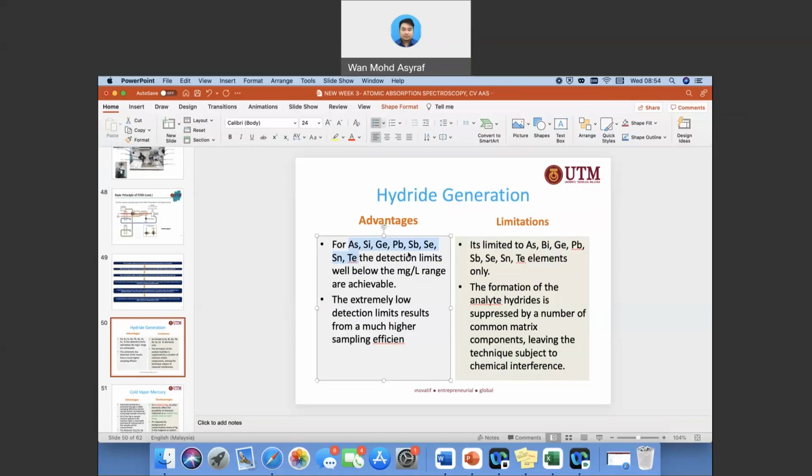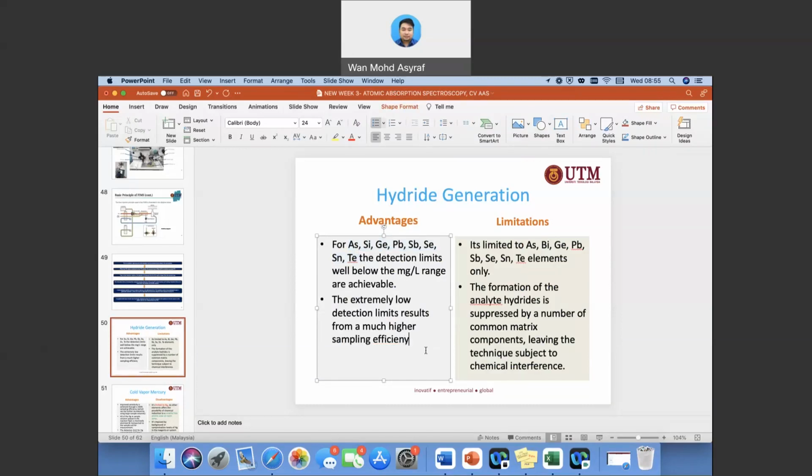Okay, because detection limits well below the ppm range are achievable. The extremely low detection limits result from a much higher sampling efficiency. Okay, so I think it would be much better if all of you, this is not a homework, but it will be beneficial for you to come up with a table comprising the samples that need to be analyzed.